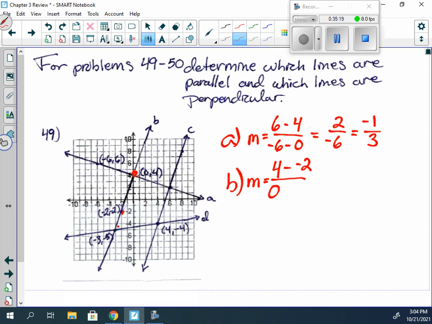The x value with 4 is 0 minus negative 2. Because if we pick any two of those three, we will get the same value. As the negative and negative would make a positive, 4 plus 2 is 6. 0 minus negative 2, or 0 plus 2, 3 over 1, which is 3.